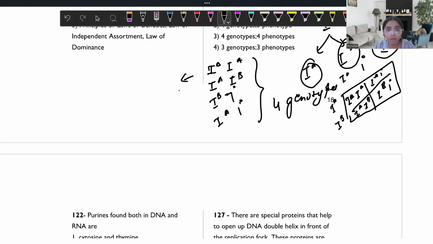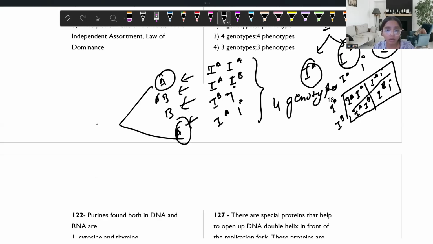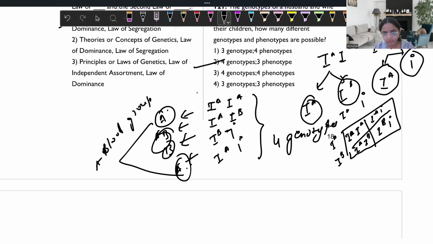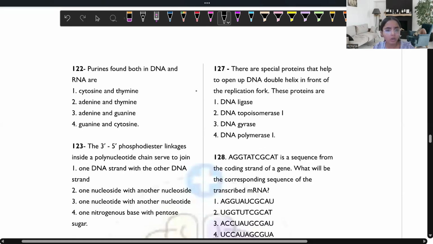This will be A blood group, this will be AB blood group, this will be B blood group, and this will be A blood group. These two are the same, both A blood groups. So we are getting 3 phenotypes. So 4 genotypes, 3 phenotypes. The answer is the second option.